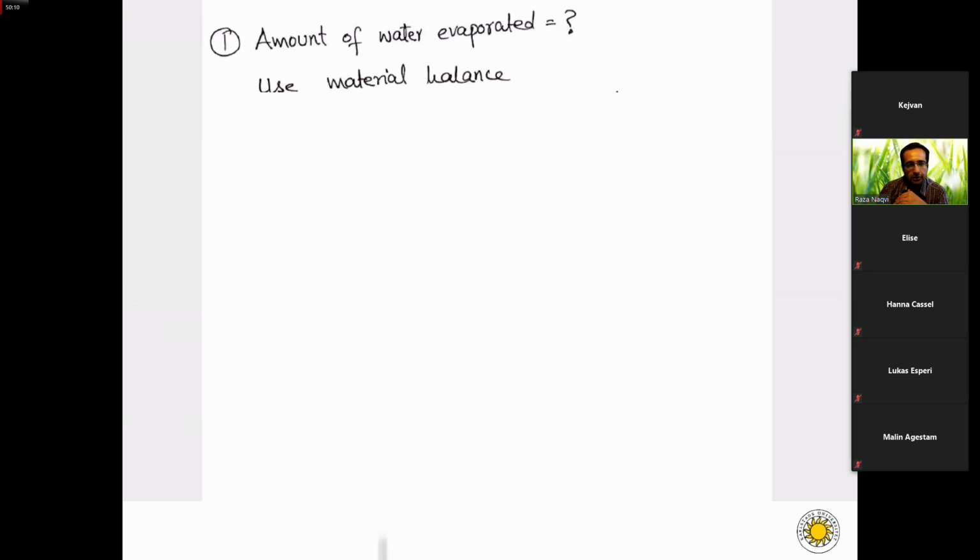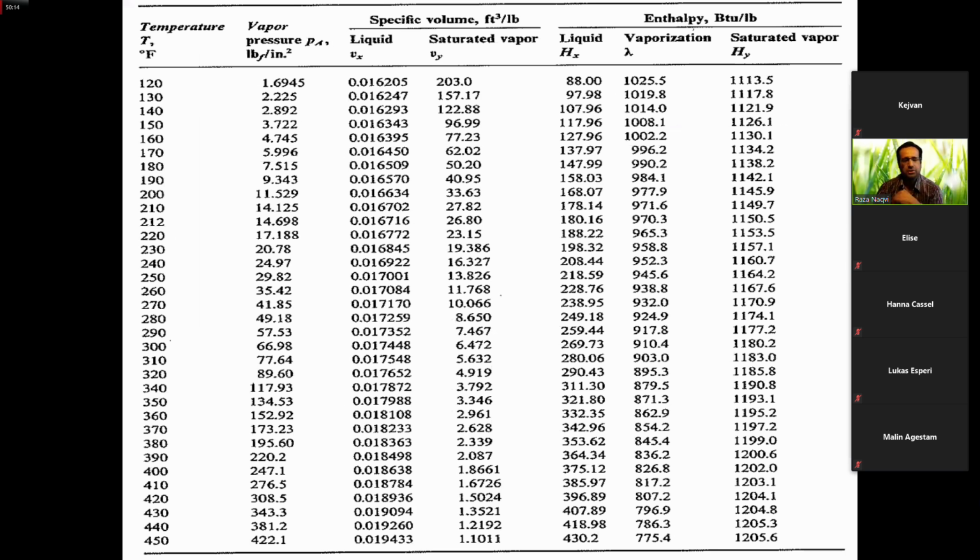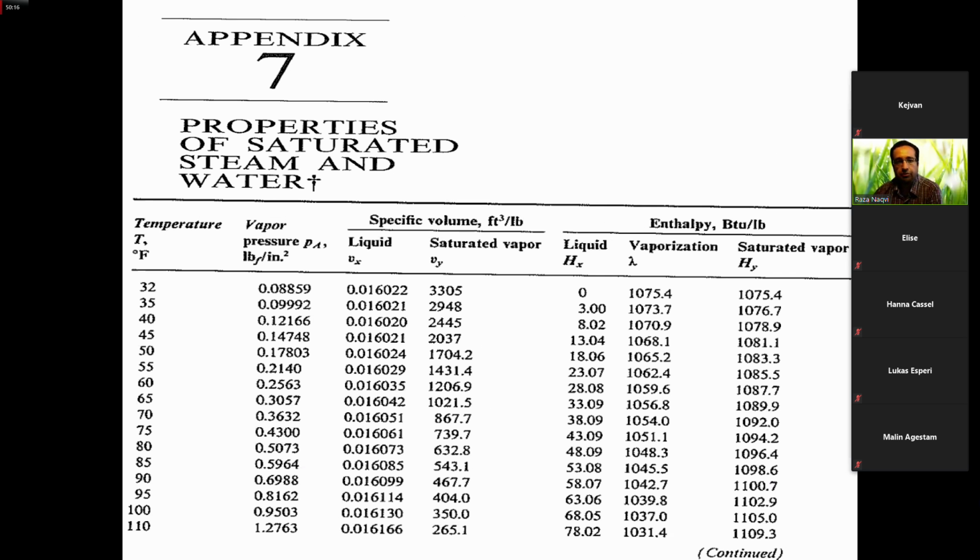but maybe I can show you the appendices. Yeah, so this is appendix number 7, which is very important. It gives us information about properties of saturated steam and water. So if you know the temperature or if you know the pressure, you can relate them with each other. From this temperature and pressure, you can calculate the specific volume of the liquid or saturated vapor.